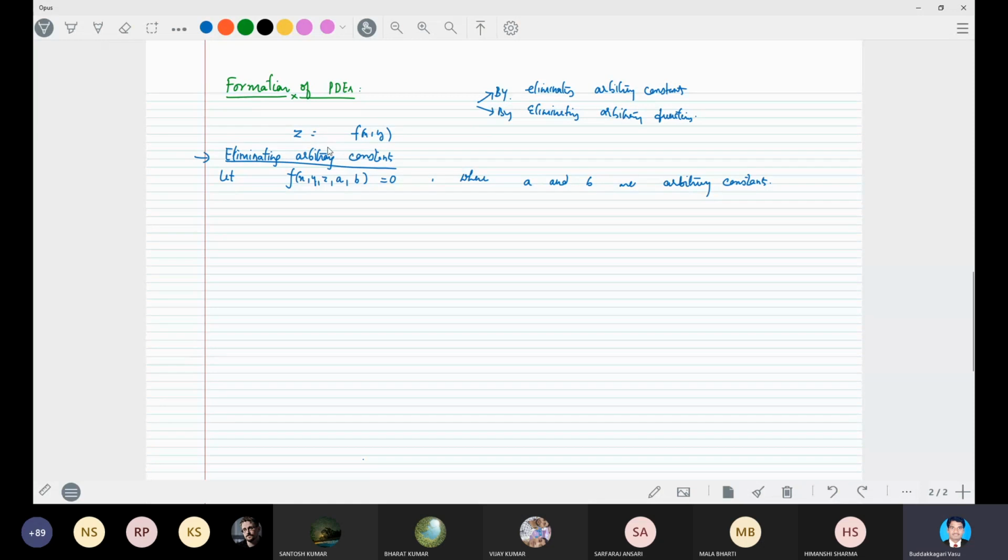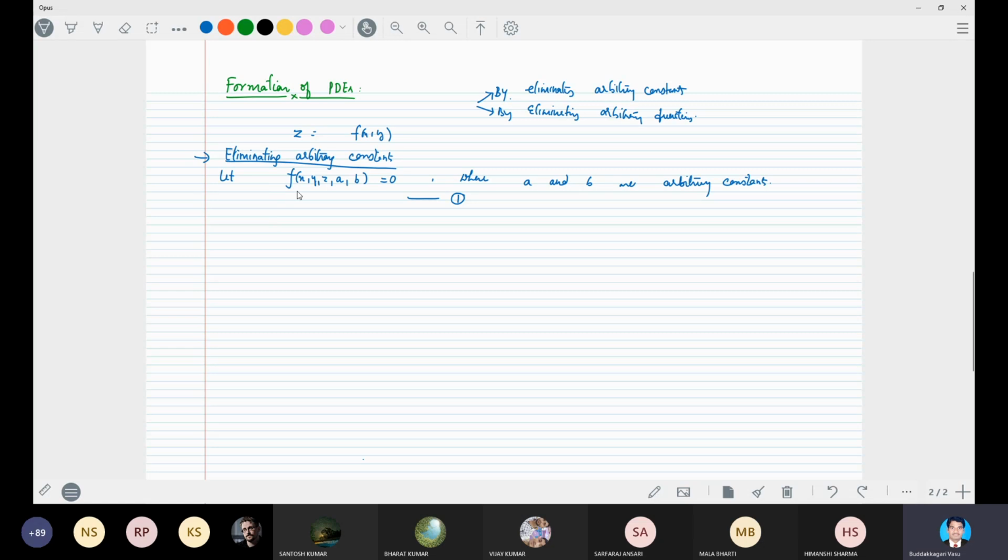So for that, let's take the relation of the dependent variable and independent variables, involving the arbitrary constants a and b, equal to 0. Say this is equation 1. So we can differentiate this function f.